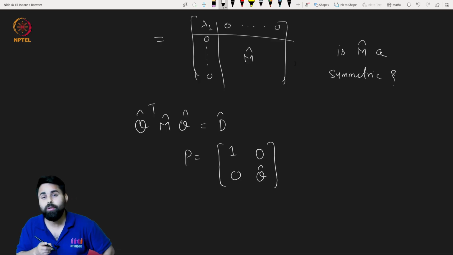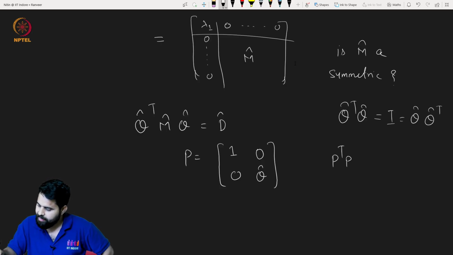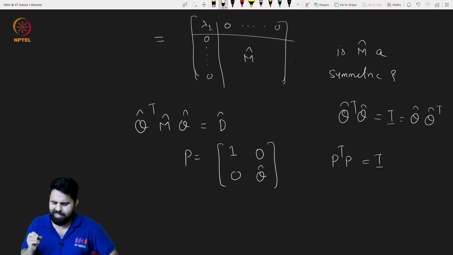Remember, this is also an orthogonal matrix. If you take P times P transpose, it will give you the identity matrix, because Q hat is orthogonal. So this is also the identity matrix. Just check it. This is a matrix product, very, very simple.